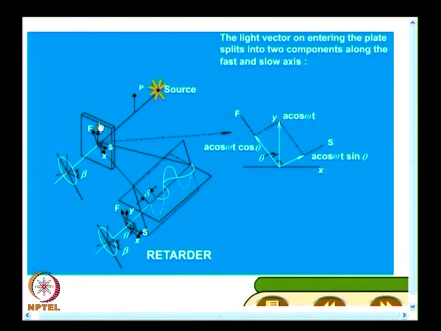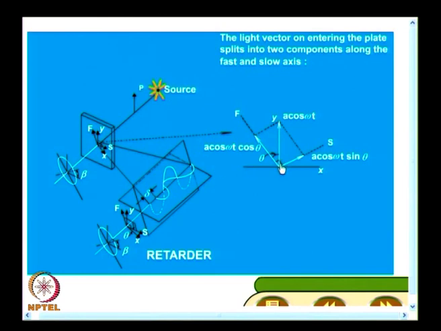And what we want to look at is when light impinges on this, what happens within the crystal. We have schematically shown with a larger sketch what happens on the plane on which the light hits, the front surface of the crystal plate, and what happens within the crystal is shown here.